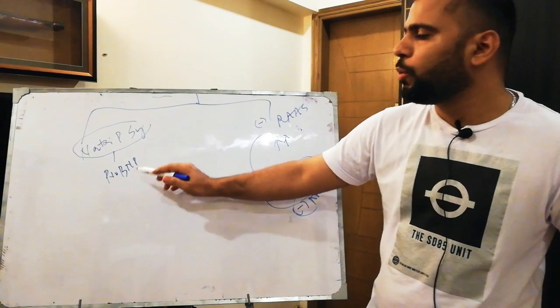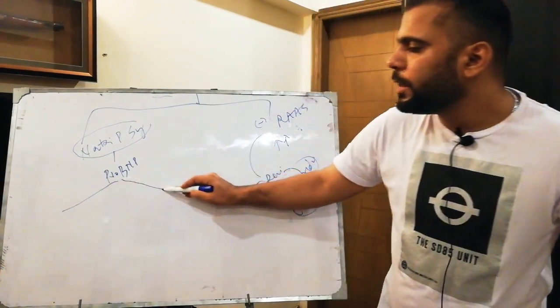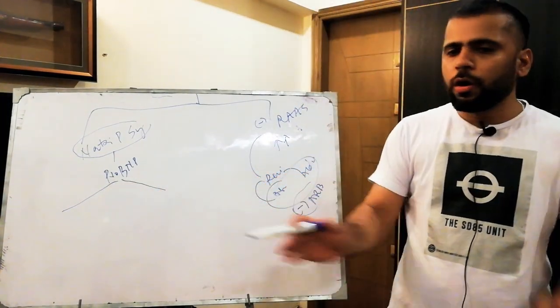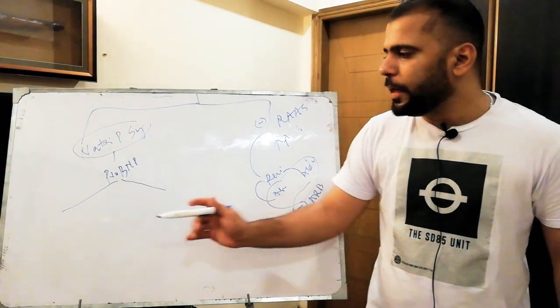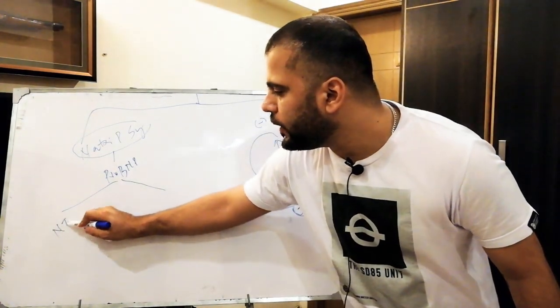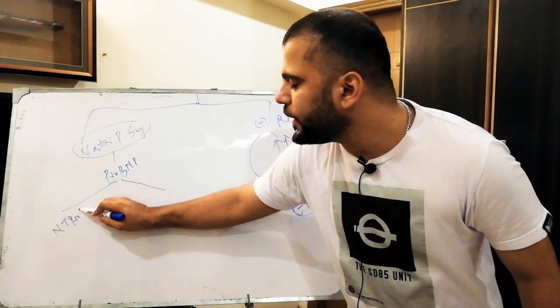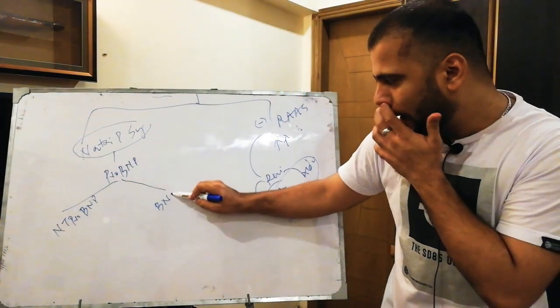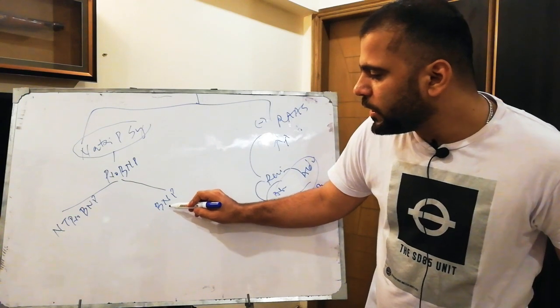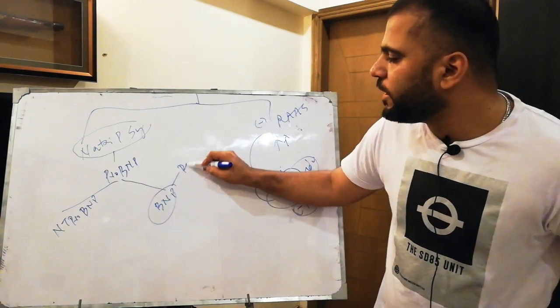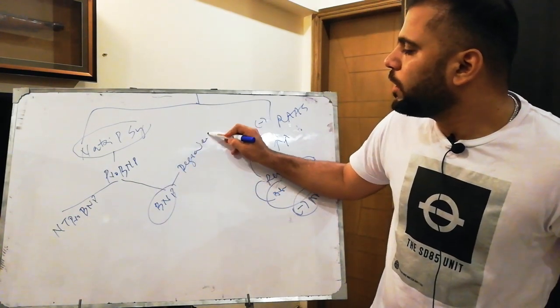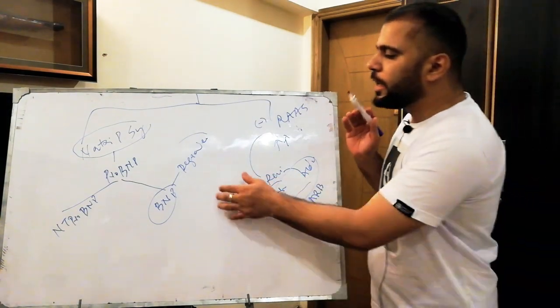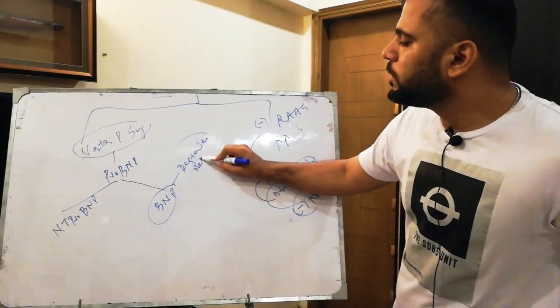It secretes pro-BNP, and pro-BNP cleaves into two things: NT-pro-BNP and BNP. This BNP is very rapidly degraded by neprilysin.